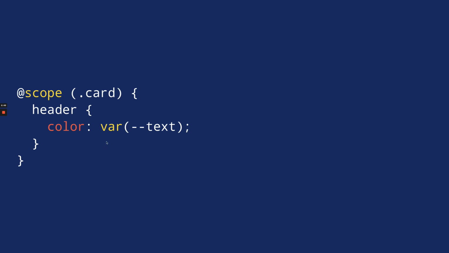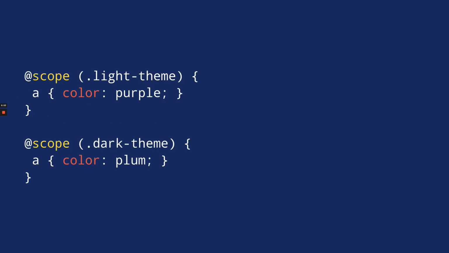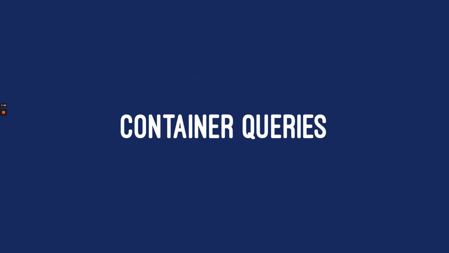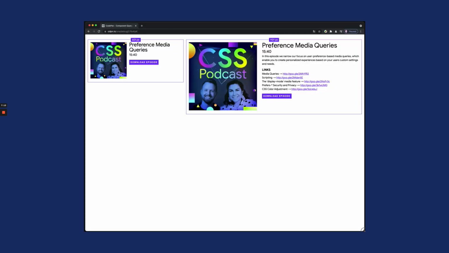It supports a lot of stuff, so Adam doesn't go into a lot of detail, but you can also use it to create themes for design systems. So you have light theme scope and dark theme scope. The good thing about this is that it's much harder for specificity in CSS from outside of the scope to leak in here.